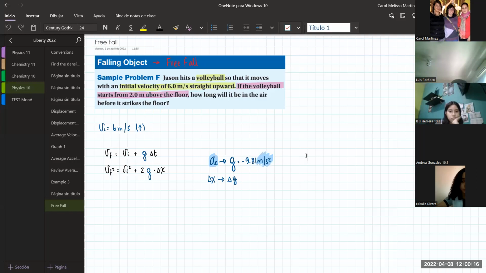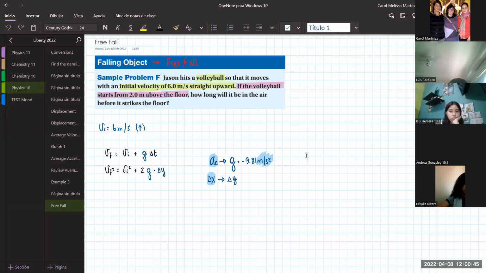So instead of writing x, we're going to be replacing it by delta y, because now the change in position is going to be a vertical change. So the other change is replacing delta x by delta y. And here I have the formulas already, ready to be used for free fall.